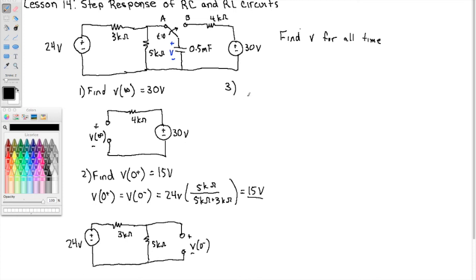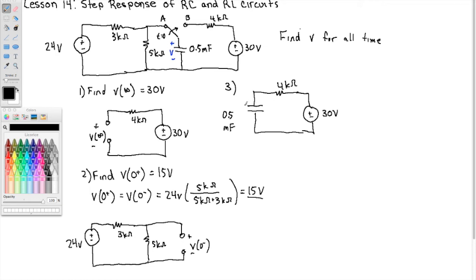Three, let's get the time constant. So the time constant is how the circuit is changing after the switch, right? So we need to consider after the switch again. So here's our capacitor, 0.5 millifarads, 4 kilo ohms, and the 30 volts. Right, so how much resistance does the capacitor see?